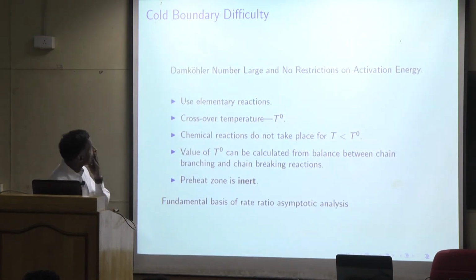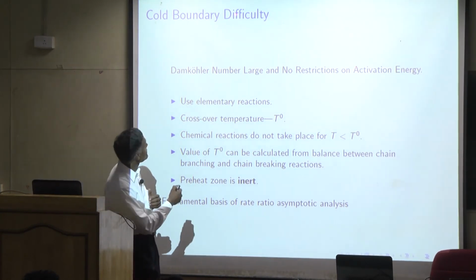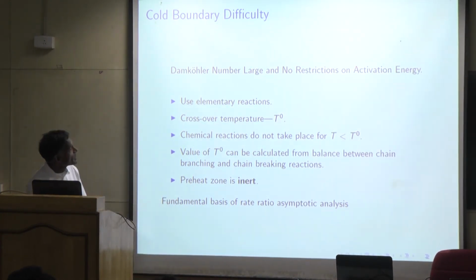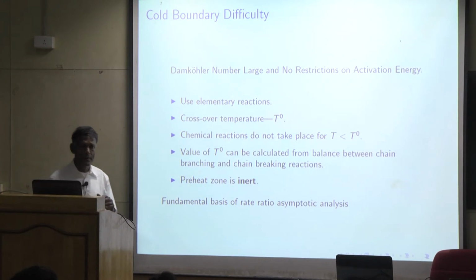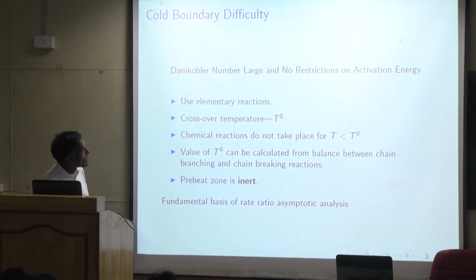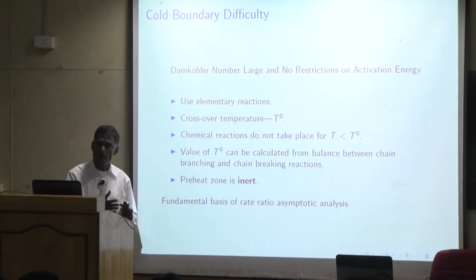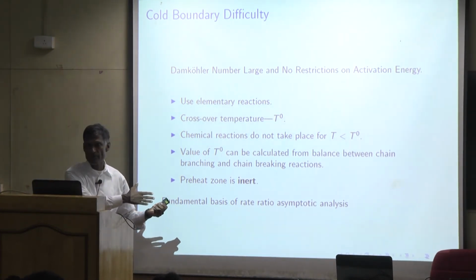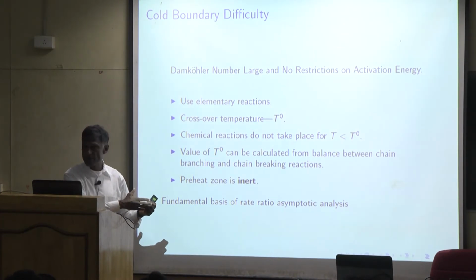Now, in rate ratio asymptotic analysis, we say something similar. I've been involved in the development of rate ratio asymptotics for many years. What is said here is that there exists something called the crossover temperature, the same crossover temperature that we encountered in the hydrogen ignition problem.